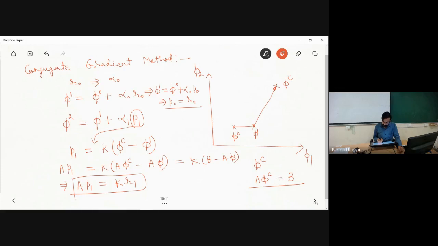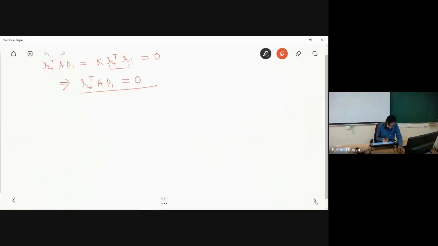So I can make P naught equal to R naught. That's why this R naught transpose over here I can now replace with P naught. So I can write P naught transpose A into P1 equal to 0.